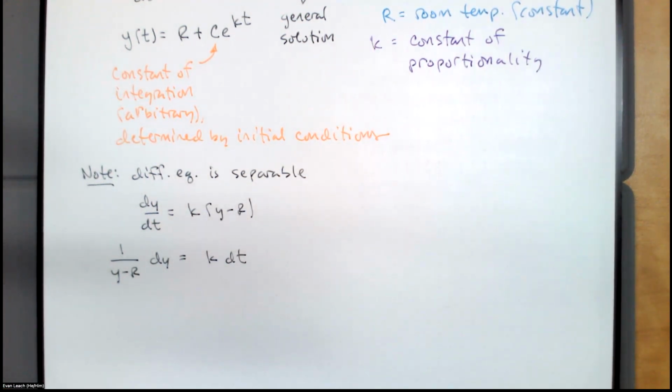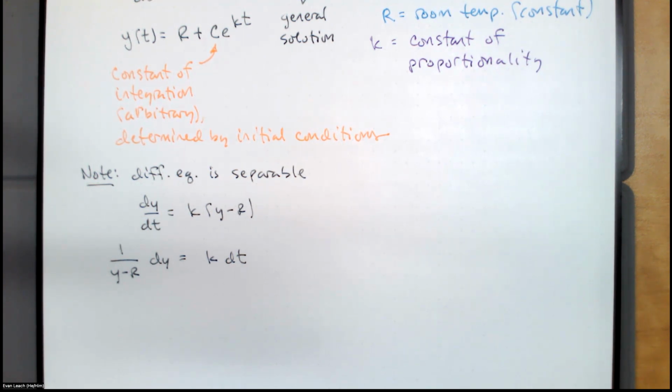So here we are separating the variables. Note that the separation had to go with multiplication. I need one thing to be multiplied by the dy and another thing to multiply by the dt. So I wouldn't want to separate or distribute the k, because then I have two terms.